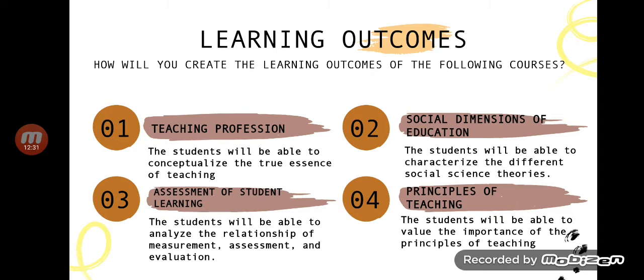And our verb here is value. Now, what do we notice about the different verbs that we have used? Conceptualize, characterize, analyze, and value. Don't you notice that all of them belong to higher order thinking skills, meaning they are in the higher level of complexity. Let us take the number 3 example for assessment of student learning. We have mentioned here that the students will be able to analyze.